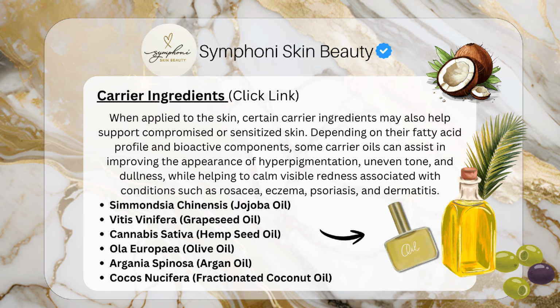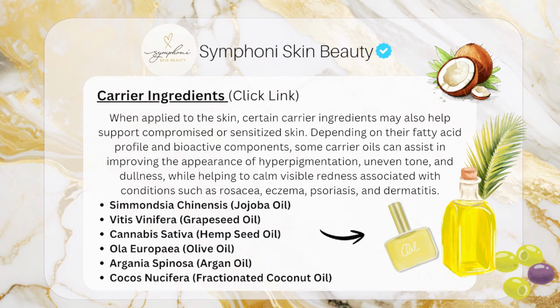They really go a long way when soothing these types of skin conditions. Some amazing carrier oils include jojoba oil, grapeseed oil, cannabis sativa, olive oil, argan oil, fractionated coconut oil. The list can really go on.